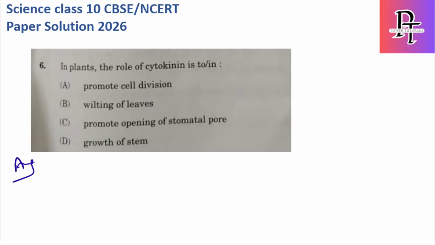In plants, the role of cytokinins is cell division, because cytokinin is related to cytokinesis, which promotes cell division. What about the others? Let's write them.